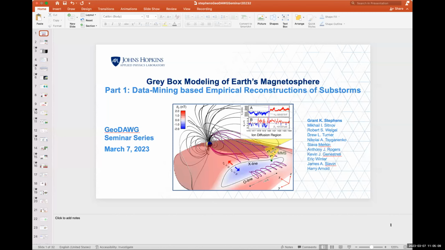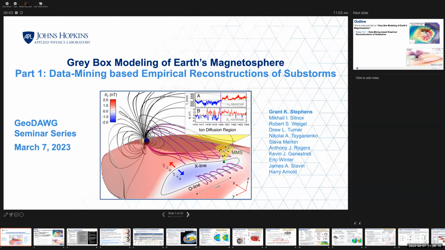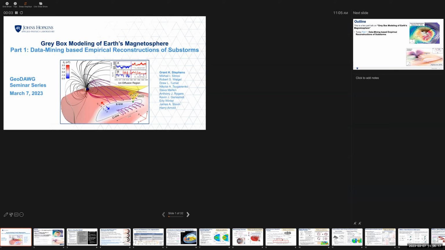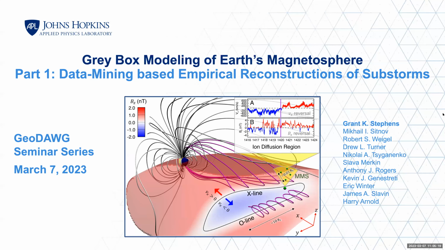I tend to have better luck if I go to slideshow first and then choose the screen to show. All right. Now it's in presenter mode. Yeah, okay, that looks good. I had too many screens open, I think. Do you mind just jumping back and forth between two slides to make sure that's working well? Yeah, sure. Does that look good? Yep. All right, we're all set.